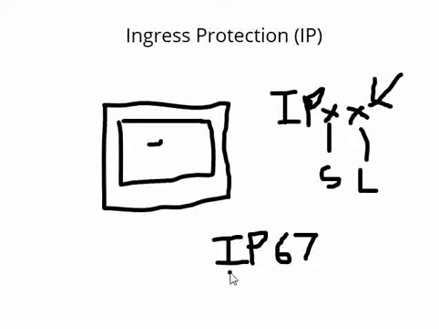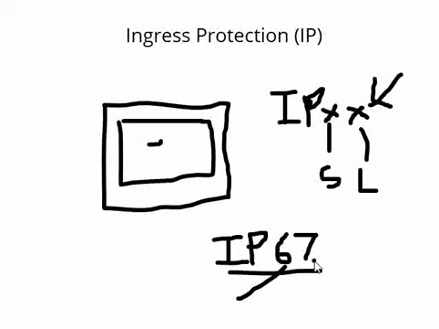If you take IP67, 6 means you have very good protection against minute dust particles, and there is very little chance that these particles will ingress into the electronics. So 6 is the highest level of protection for solid substances like sand, dust, and all.